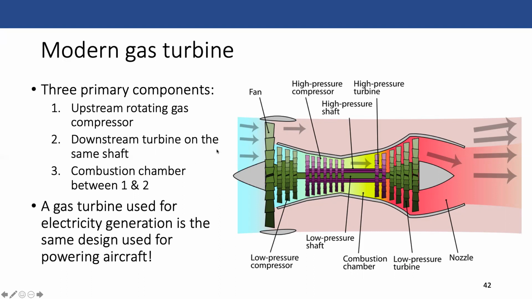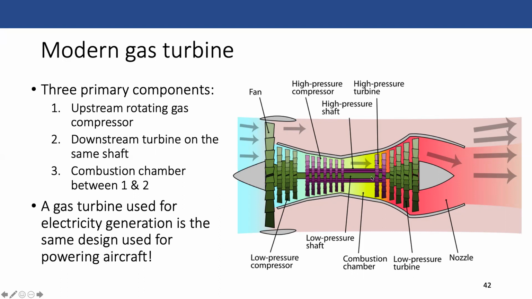Okay, so what's happening here? You use a compressor to essentially push air through and compress it to high pressure. And then you combust it, okay? And so in here, natural gas, the methane that's passed through my compressor, is combusted and it's forced out the back.